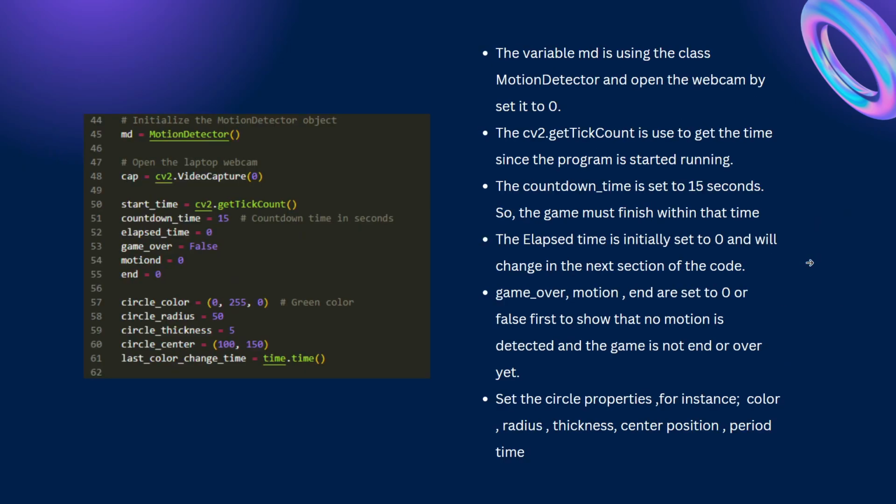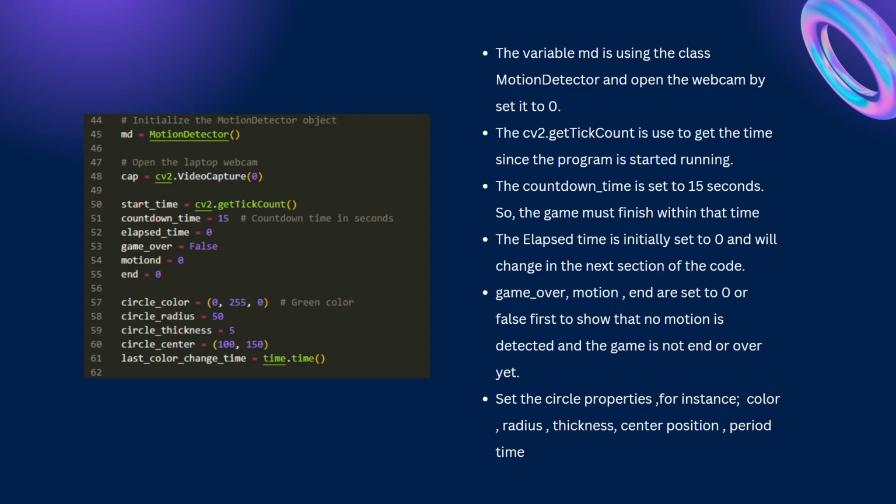For the second part, the variable MD uses the class MotionDetector and opens the webcam by setting it to 0. The cv2 getTickCount is used to get the time since the program started running. The countdown time is set to 15 seconds, so the game must finish within that time.